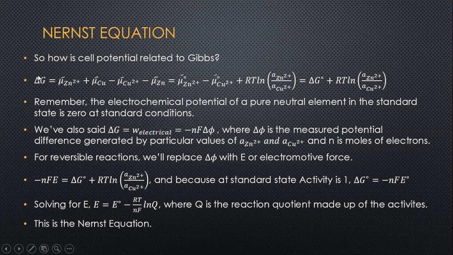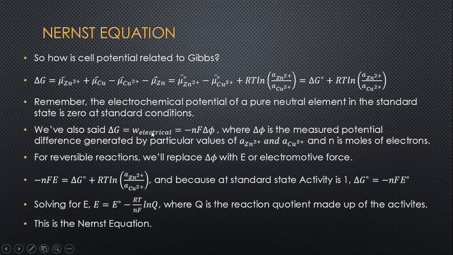So the Gibbs non-standard equals Gibbs standard plus RT ln activity, or essentially our K, or Q really. So remember that the electrochemical potential of a pure neutral element in the standard state is 0 at standard conditions, so that makes things easier.